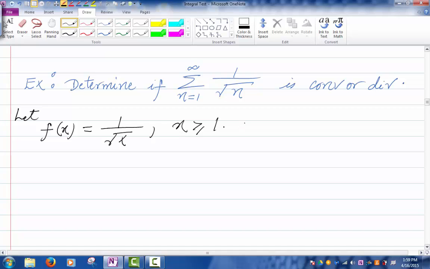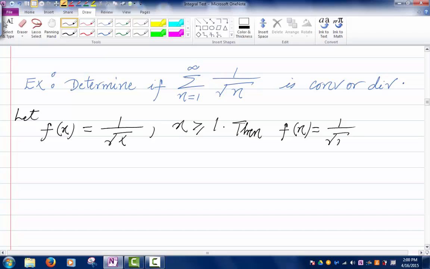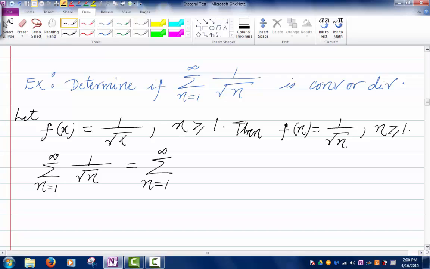Now notice then I could say that f of n is 1 over root n, right, clearly? And this is for any n bigger than 1. So that means the series that I have in hand, the sum from 1 up to infinity of 1 over root n, is the same as the series n going from 1 up to infinity of f of n.